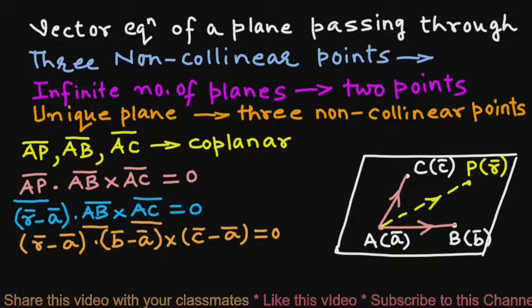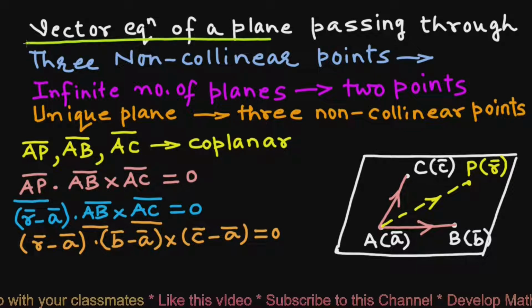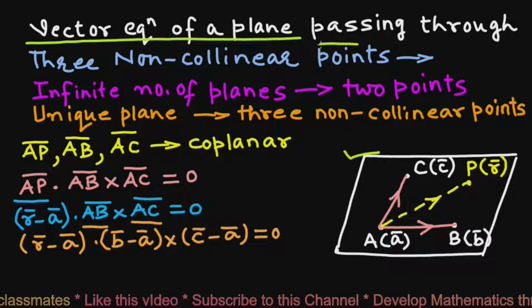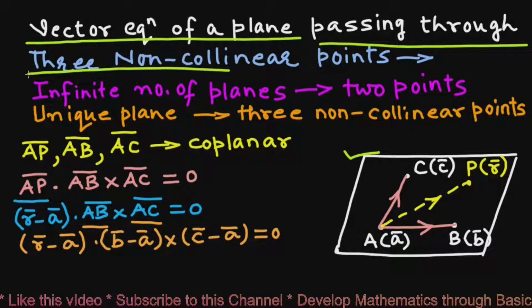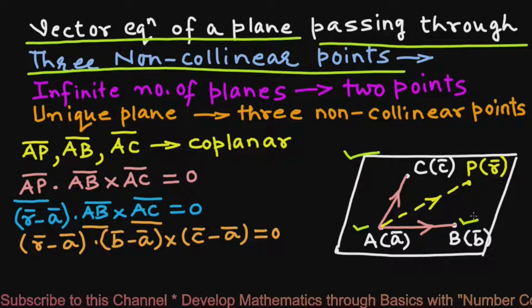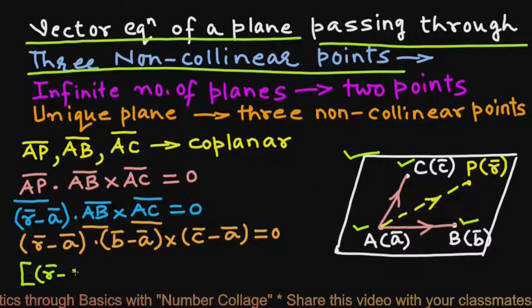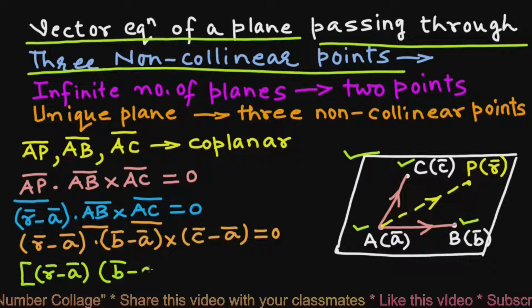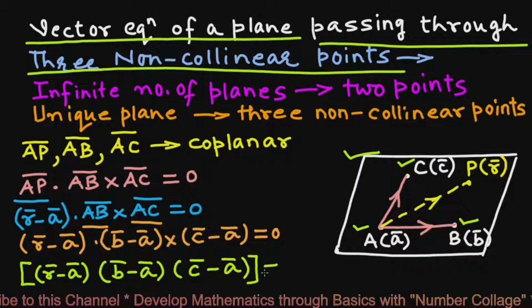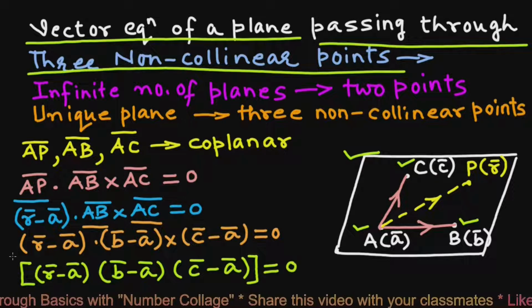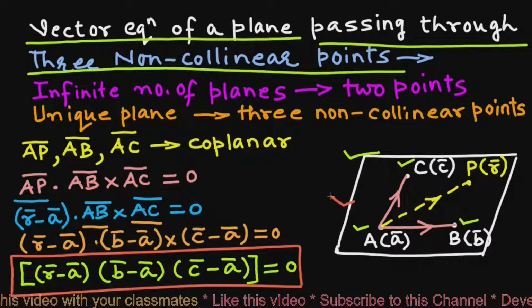So we write the vector equation of this plane passing through three non-collinear points A, B and C in the form of a box product [R bar minus A bar, B bar minus A bar, C bar minus A bar] equals 0, which is the required equation of this plane.